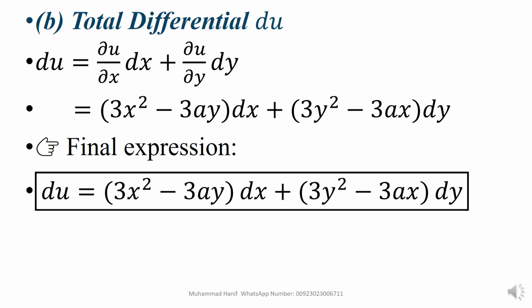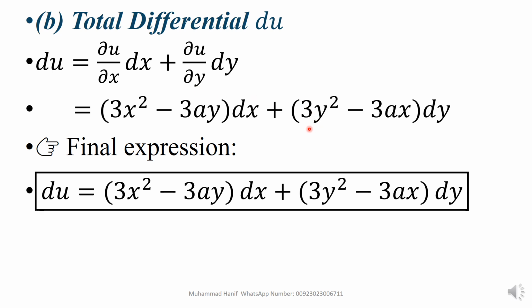Now we find point B, the total differential du. You must remember this formula: du = ∂u/∂x dx + ∂u/∂y dy. You have already got the values of ∂u/∂x, so we put in these values. dx you write the same, the plus sign is given, you write the same.